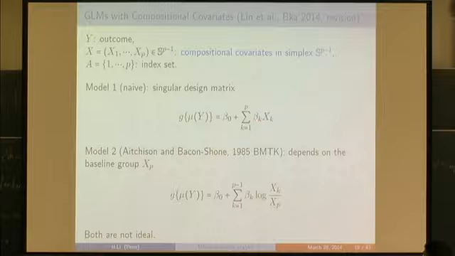The interpretation of beta K in a regression setting is you fix all the other X, you change one unit of XK and see how the mean will change. But with compositional data, you cannot change only XK without changing other X, right? Because of these constraints. So this makes the interpretation hard if you just naively fit a standard regression model using all the P components of your X vector.